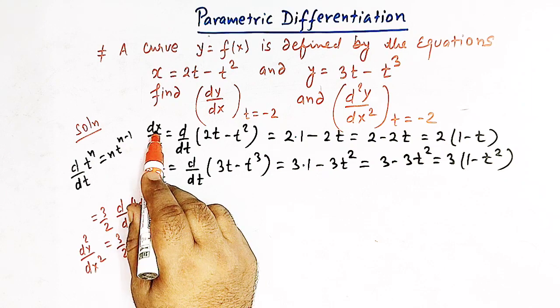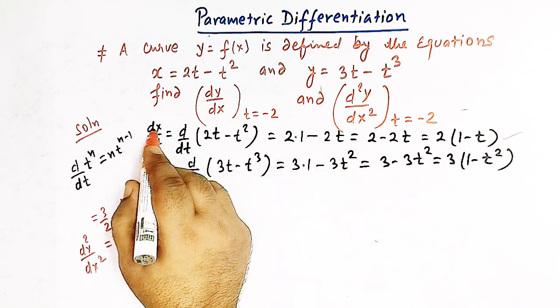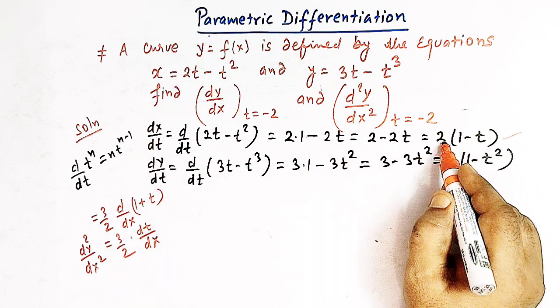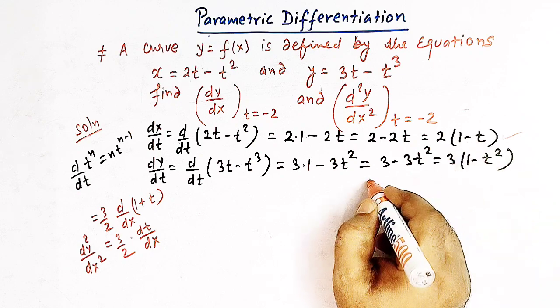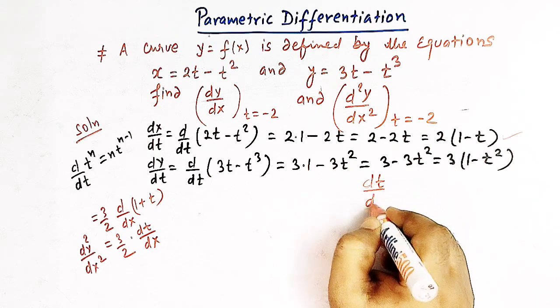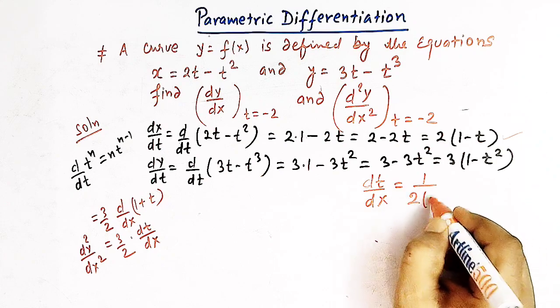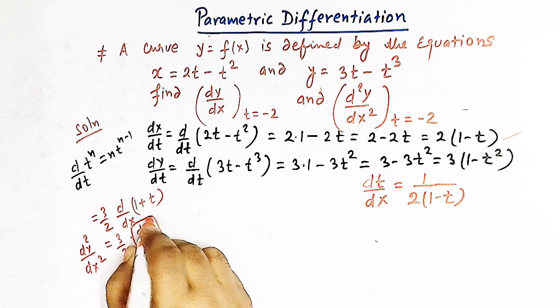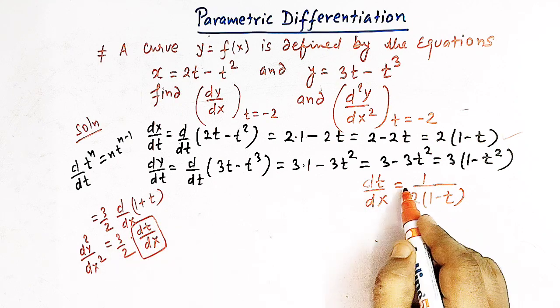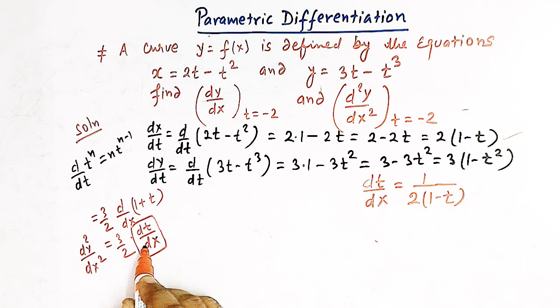So now from this expression, we see that dx over dt is equal to 2 times (1 minus t). If we take the reciprocal, then we have dt over dx as 1 over 2 times (1 minus t). So we can now substitute dt over dx equal to 1 over 2 times (1 minus t) over here.